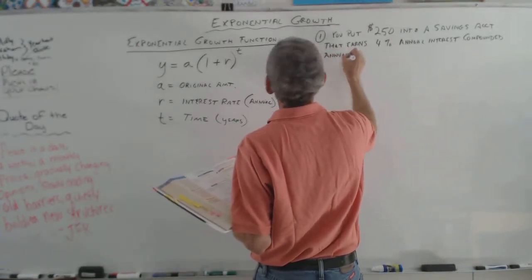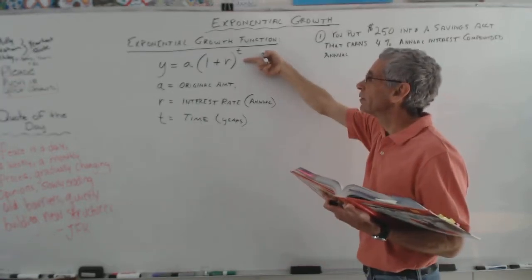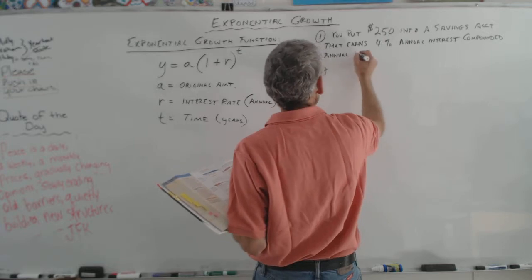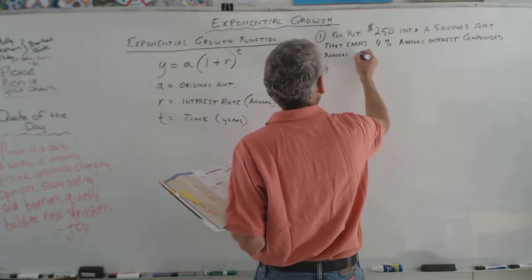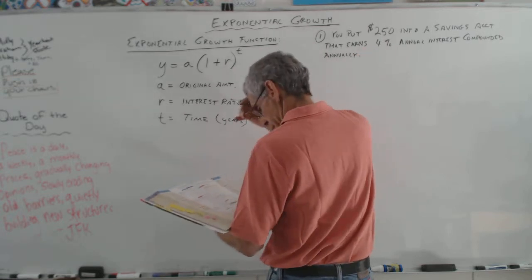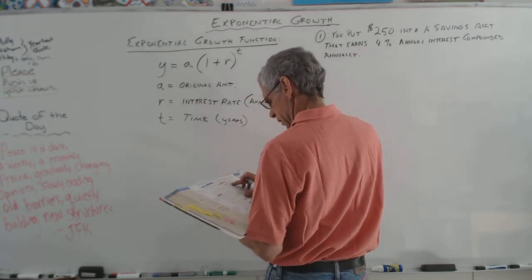It's a slightly different formula if you're compounding monthly. But this is a sign that when it looks like that, it's compounded annually. Okay.